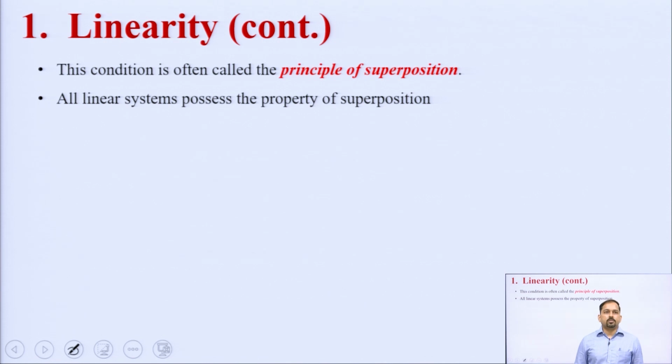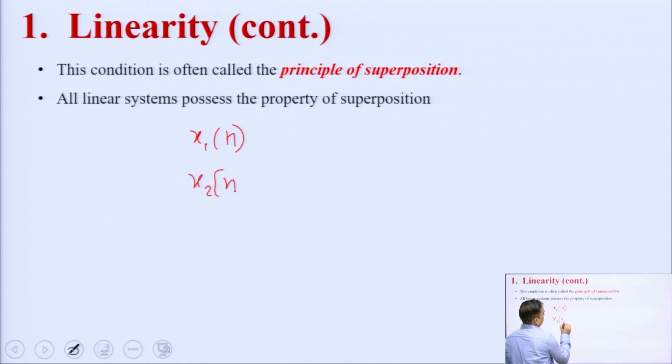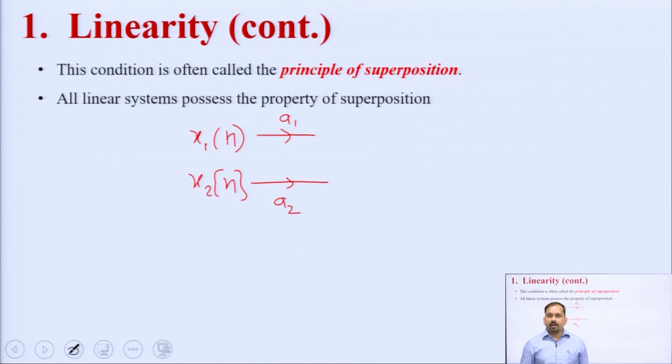We can understand this with the help of a small diagram. We have x1[n] and x2[n], and we use a1 and a2, because linearity means the system follows the principle of superposition. Otherwise, the system is said to be non-linear.